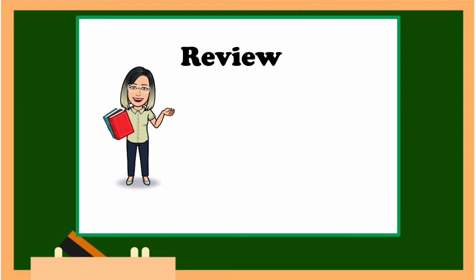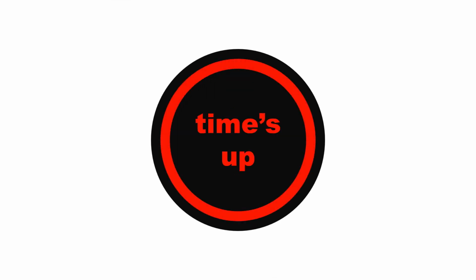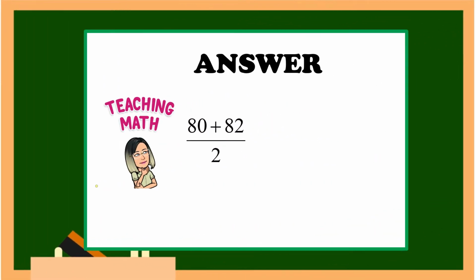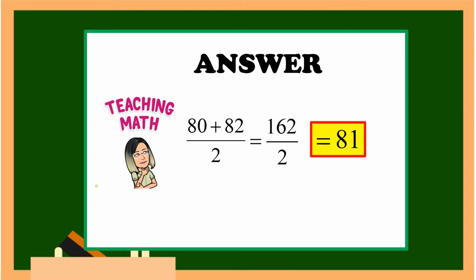What is 80 plus 82 divided by 2? The answer is 81.